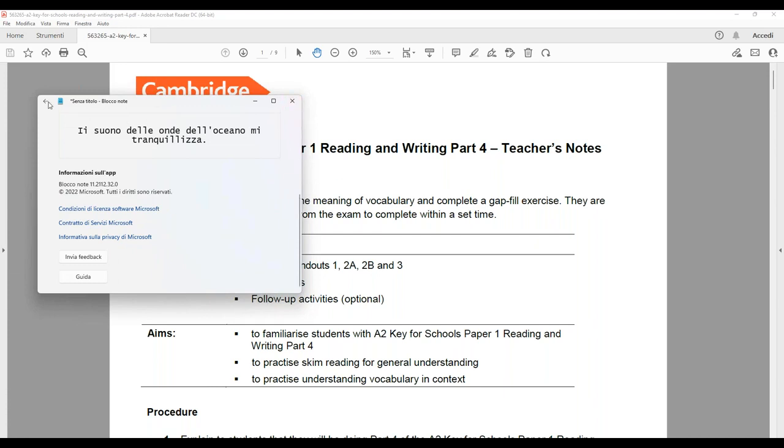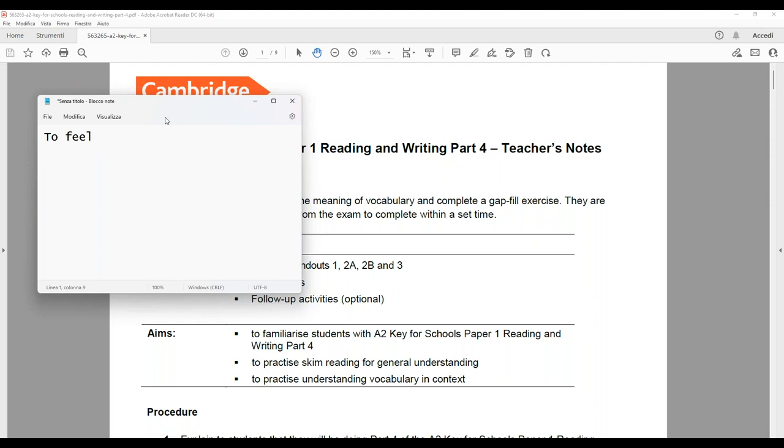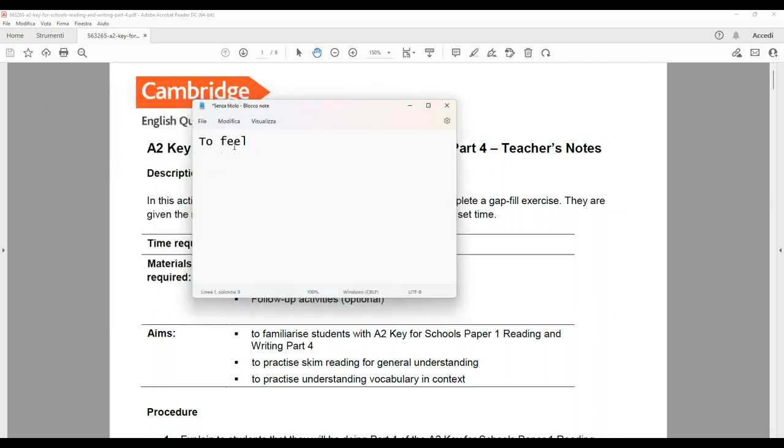Yes, 22 is a little bit bigger. To feel an emotion, quindi sentire un'emozione, to feel an emotion, and to feel, feel. Remember, just like the exercise that I told you about in the first lesson, to fill and to feel.